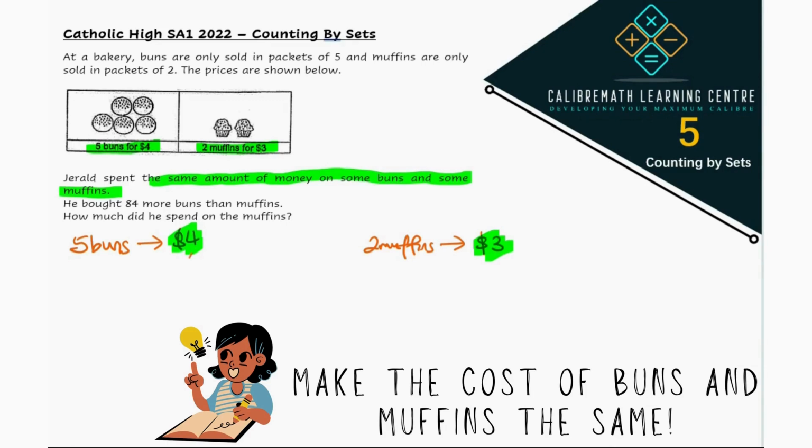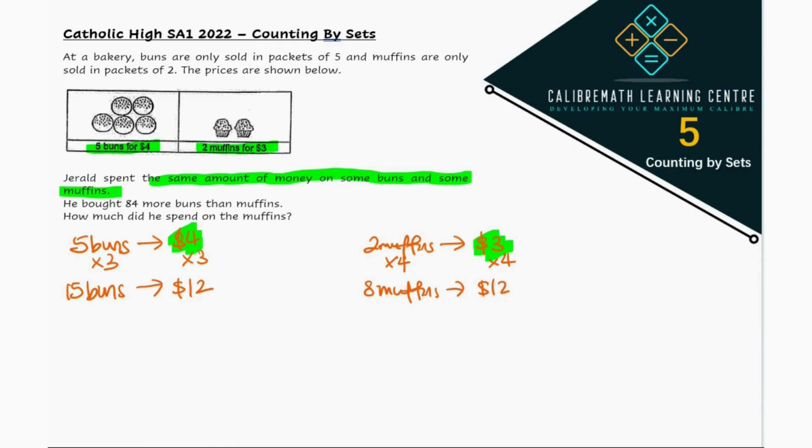And to get 12, we need to multiply this by 3. And to get 12 on this side, we need to multiply this by 4. And so we will get 15 buns to be equivalent to $12, and 8 muffins to be equivalent to $12. The question mentioned that there were 84 more buns than muffins.